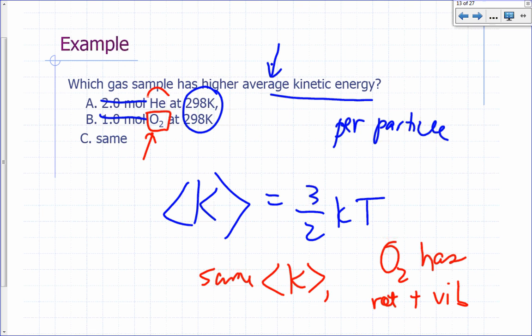Whereas helium is an atom, it will not have vibrational and rotational kinetic energy. So the answer would be B.